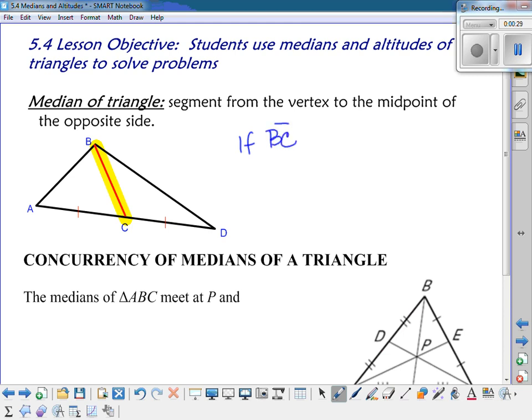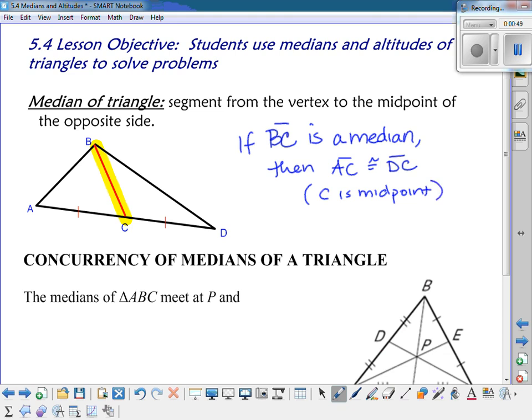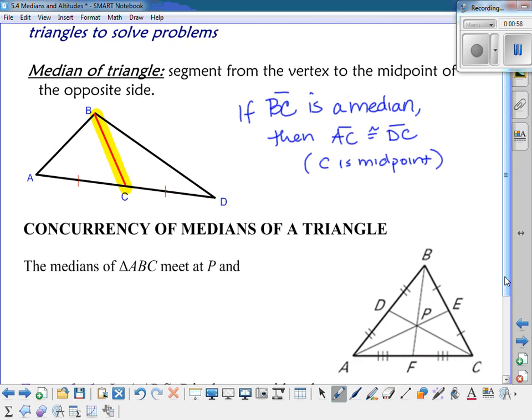And so if BC is a median, then I know that AC would have to be congruent to DC, because if it's a median, that means that C is the midpoint of AD. So just as we had concurrency with perpendicular bisectors and angle bisectors, with medians we also have concurrency.